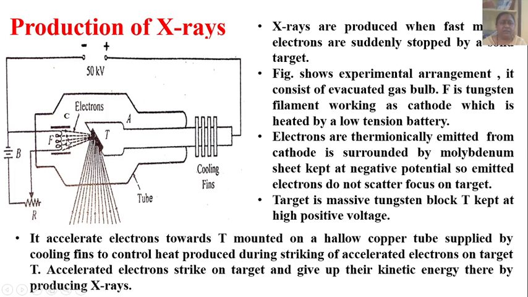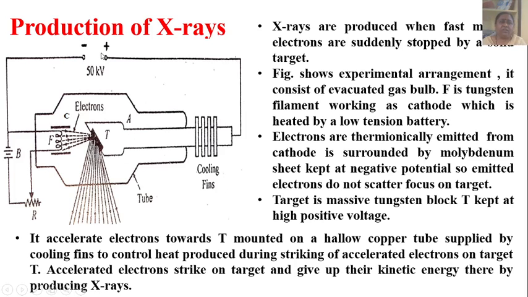See in figure, that is the filament, and here it is connected to the battery. Now here also we have two electrodes, that is cathode and anode, as shown in figure. See, that is the cathode terminal and that is the anode terminal here.